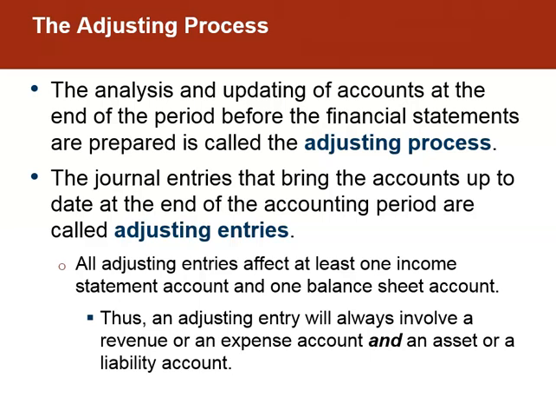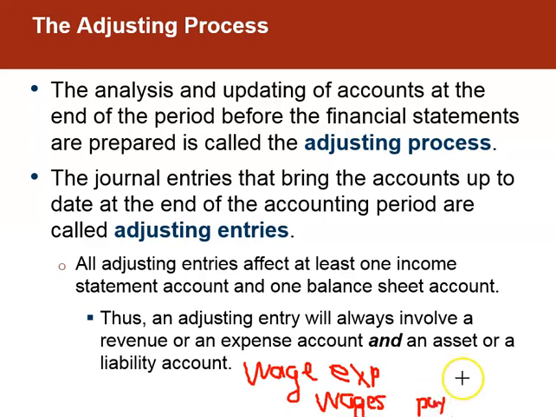So what we would do, okay, is in order for that $10,000 to count as an expense, we're going to debit wage expense and then we're going to credit wages payable. I'm going to abbreviate, and both of these are going to be I'm going to run out of room here, so I'm going to say 10K, $10,000, okay?